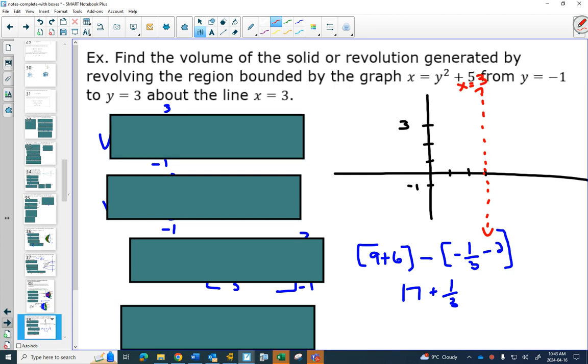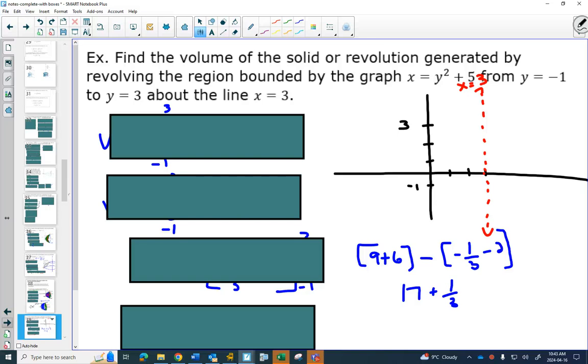How are we doing so far? And now we have to draw the hard part. What does x equal y squared plus 5? We want to do it from -1 to 3, so I've got that on my y-axis. I've got the line x equals 3. Now I want to graph x equals y squared plus 5.